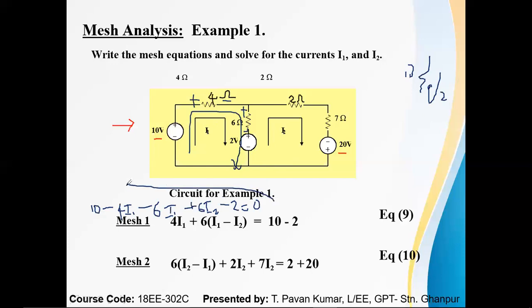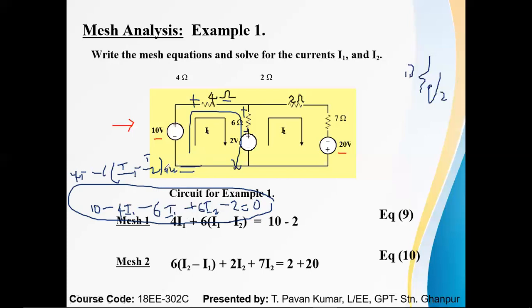If you do some reduction, how can you do the reduction? Minus 6 is common, right? You take minus 6 common, and it will become I1 minus I2, right? Then the minus 4 I1 remains minus 4 I1 itself, and this is plus 10 equals 0.